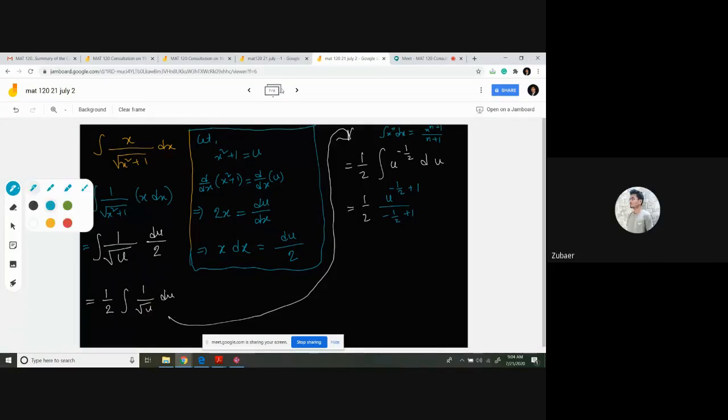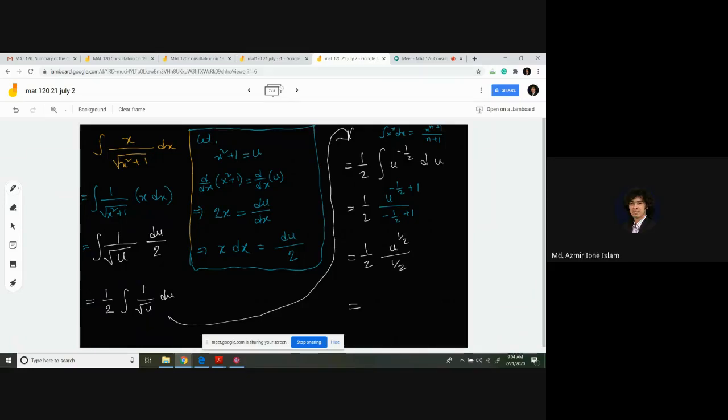Clear? Yes, sir. So finally we are getting 1 by 2 times 2, so the 2 and 2 cancel. We get root u, u to the power 1 by 2. Finally, getting back to x, it is the square root of x squared plus 1, right? Clear?